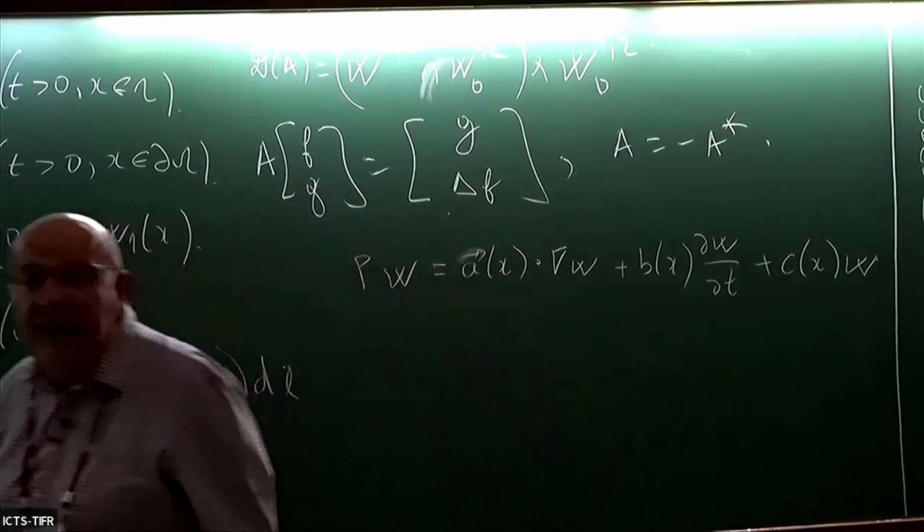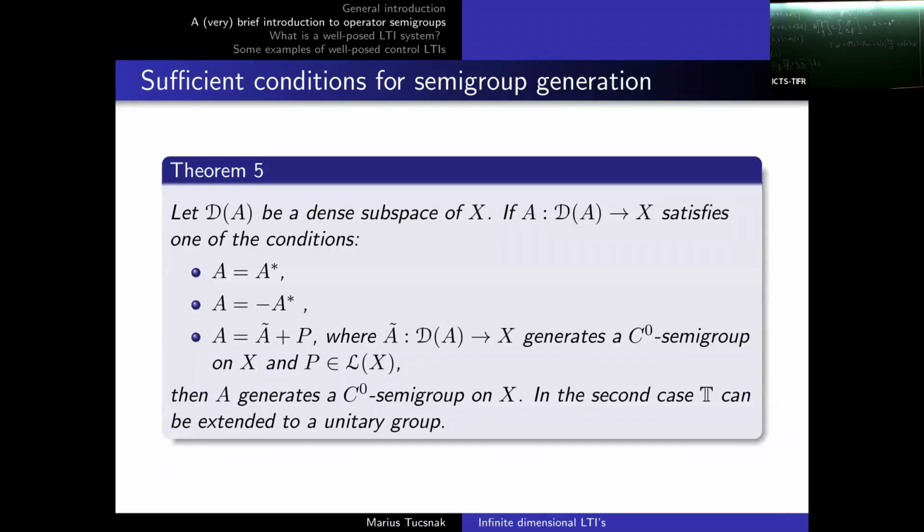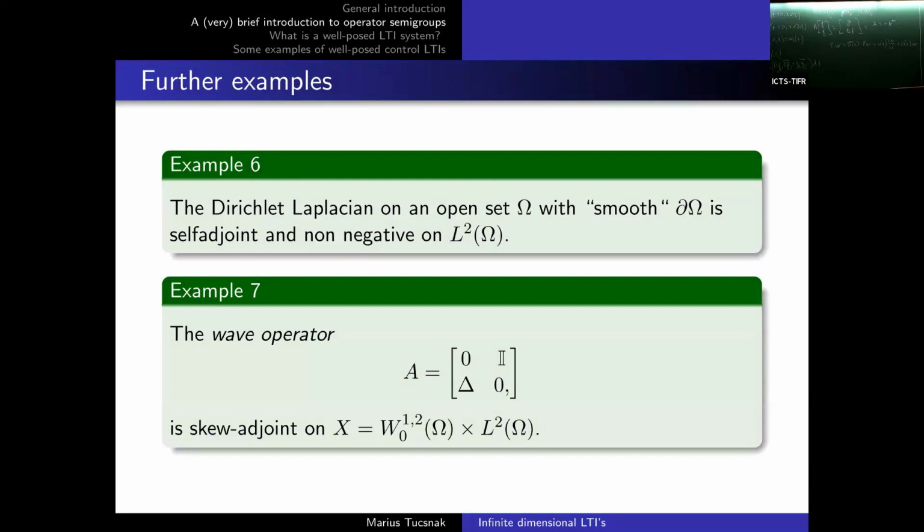I can do that, and I still preserve the semigroup structure due to the third assertion. So these are some examples. So here is, in fact, I discussed essentially example 6 and example 7 with a bit more details.